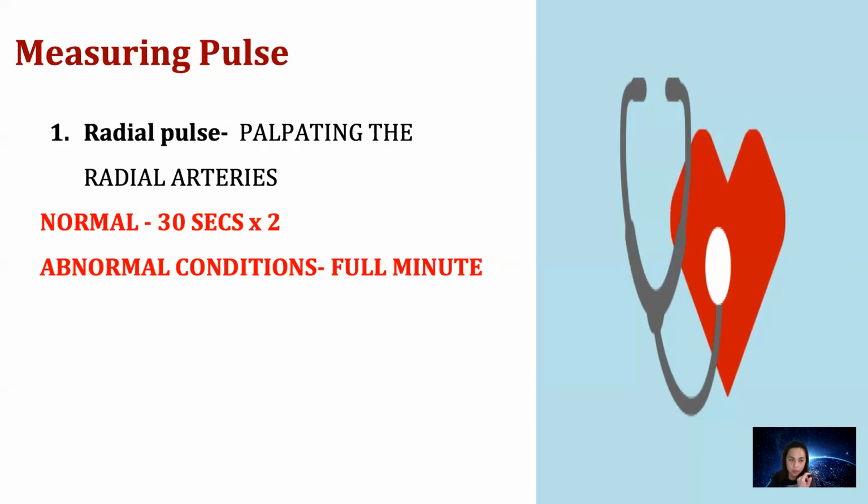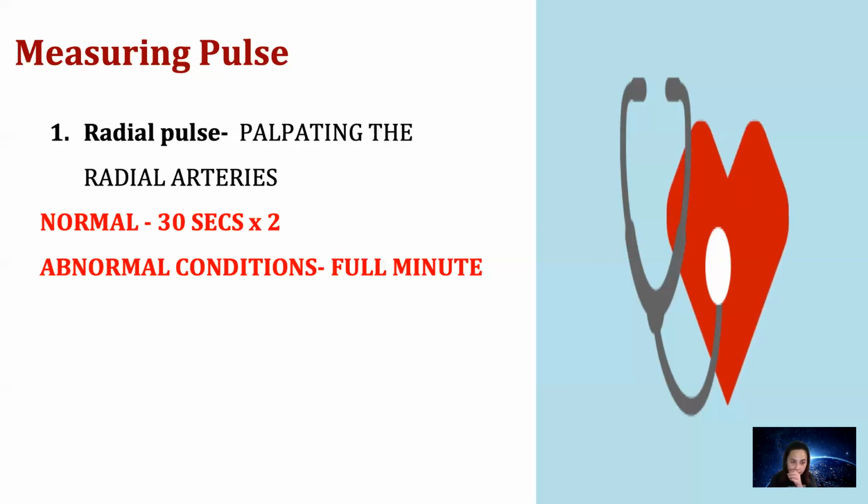For example, for 30 seconds, you got 40 beats per minute. So you multiply it by 2. So it will be 80 beats per minute.